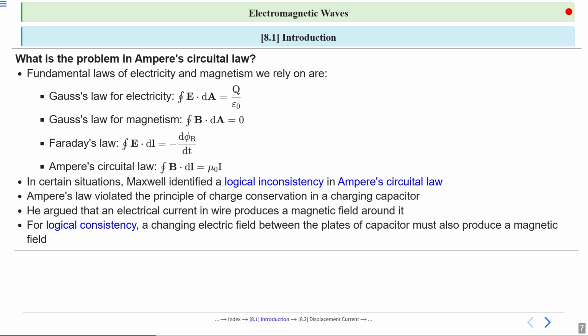What is between the plates of the capacitor? There is an electric field. So if we are changing this electric field, it must produce the magnetic field, due to which the needle is showing the deflection. So this was his idea. Then he performed the experiment, or gave a theoretical explanation also, and modified the Ampere circuital law.